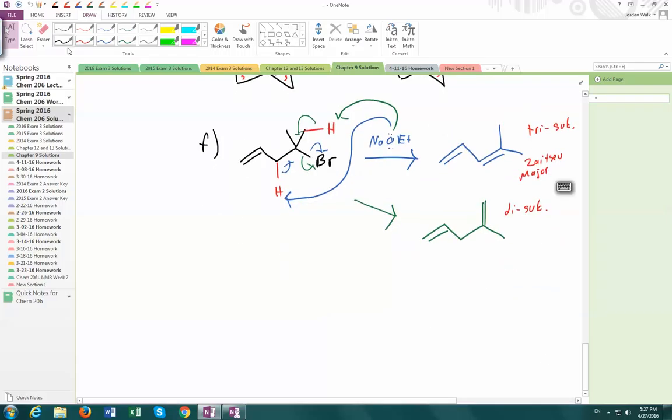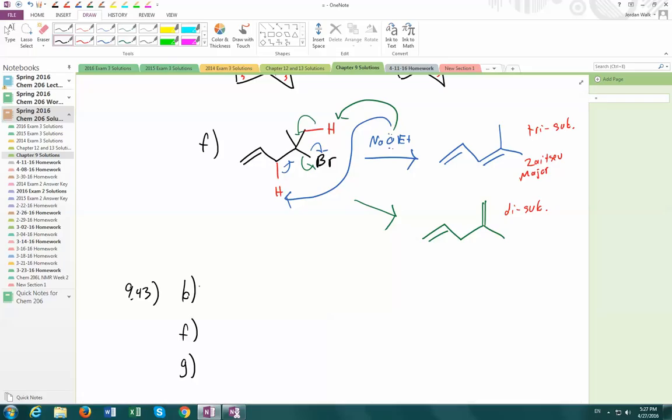Which letters? B, F, and G. I mostly didn't know what it meant when it said a zero order base. If something is first order, basically it means that it is in the rate law. If it's zero order, then it means the concentration doesn't affect the rate of the reaction.